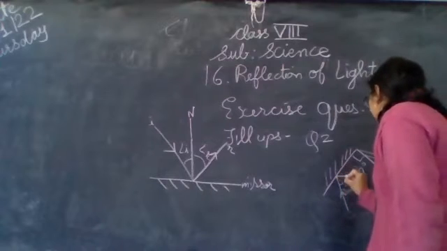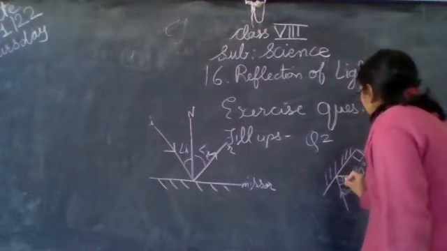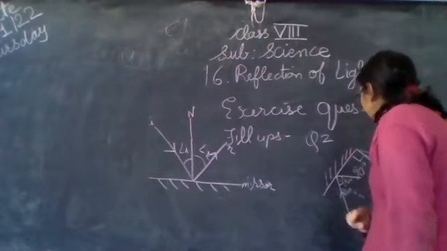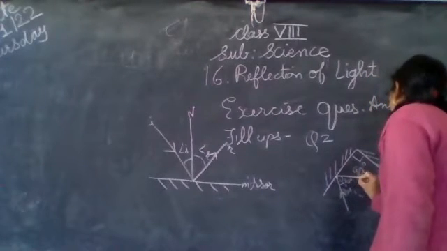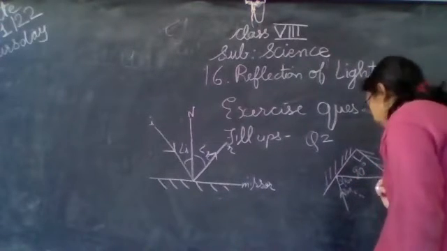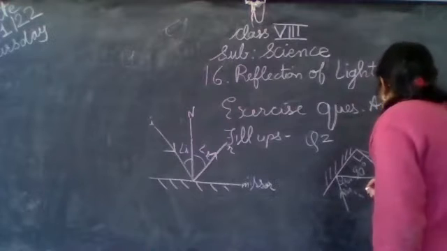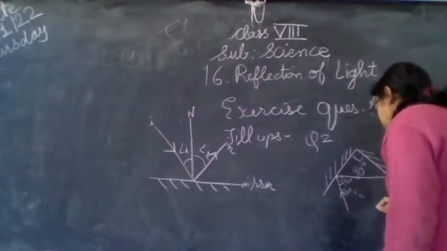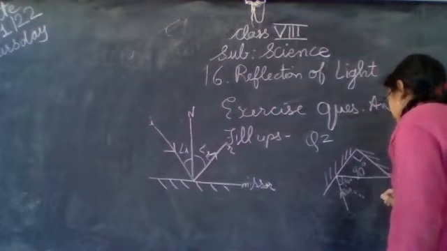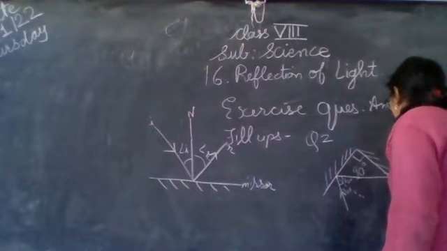So, the ray reflected from the first mirror will also make an angle of 30 degrees. Okay, and when this reflected ray is going to fall on the another mirror, here you have to draw, then what will be the angle of reflection?